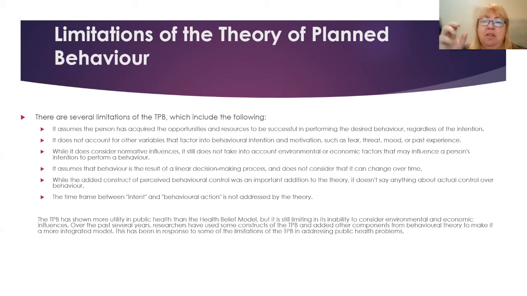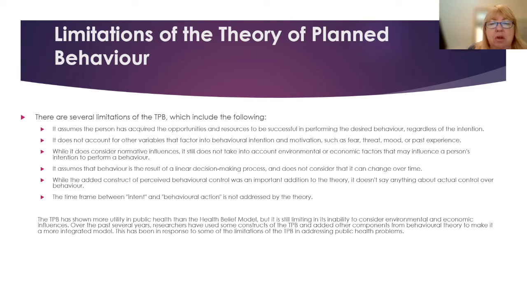But this theory doesn't really take that into account, so that's just luck, really. It also assumes that behavior is a result of a linear decision-making process. So you just toddle along, just doing what you're doing, and you don't ever go up and down in how you feel about things.